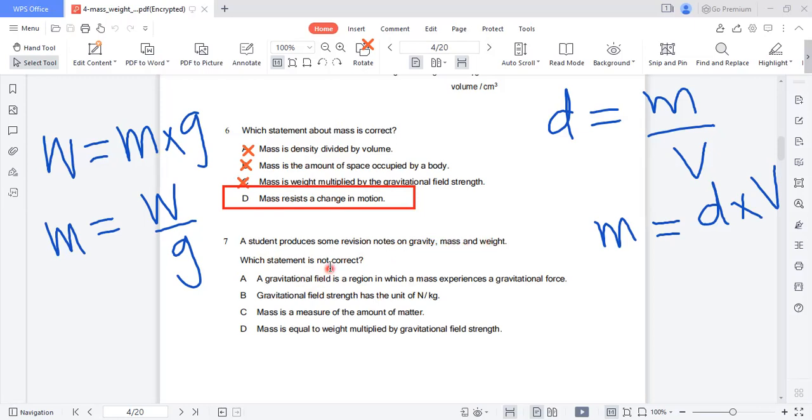Okay, a student produces some revision notes on gravity, mass, and weight. Which statement is correct? A gravitational field is a region in which a mass experiences a gravitational force. Yes, gravitational field is the region in which a mass experiences force.